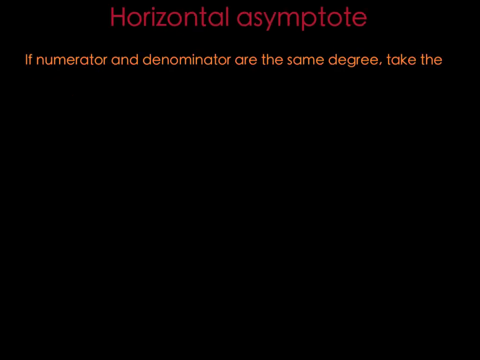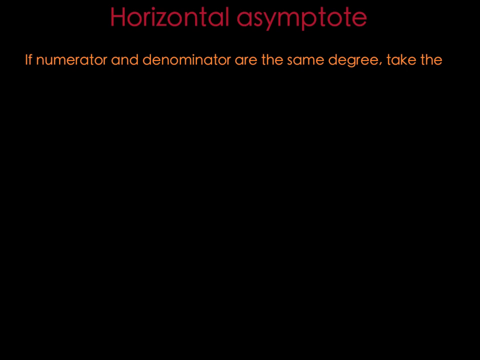The horizontal asymptote, and there is only going to be one if there's going to be any at all. We've talked about that too. If the numerator and the denominator are the same degree, you're going to take the ratio of the leading coefficients.